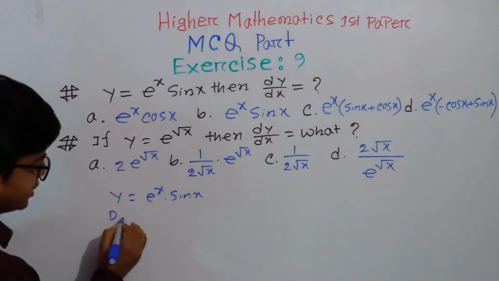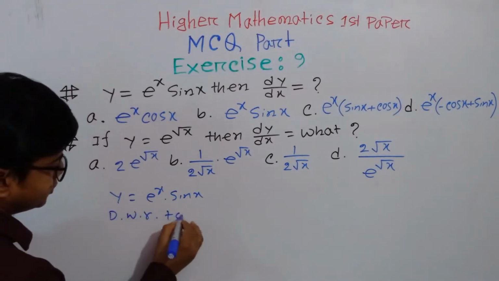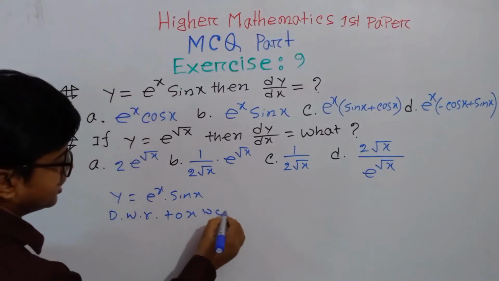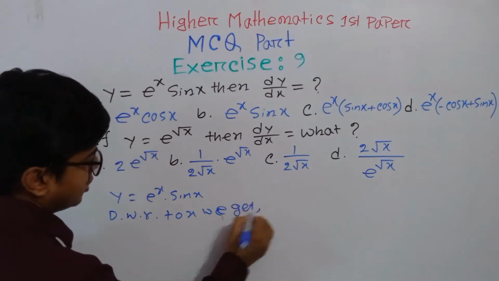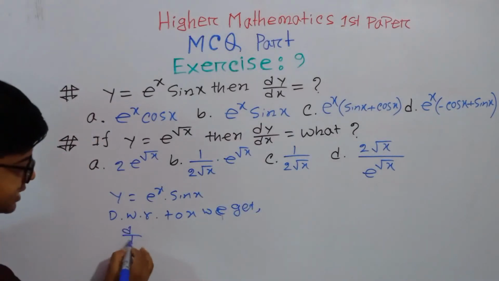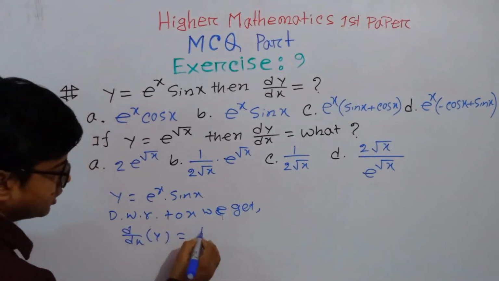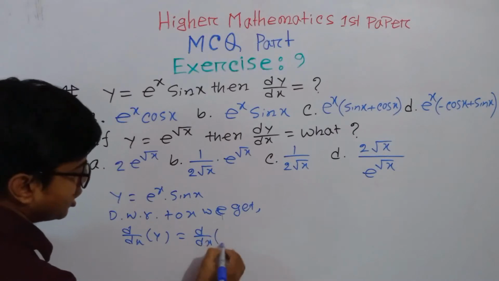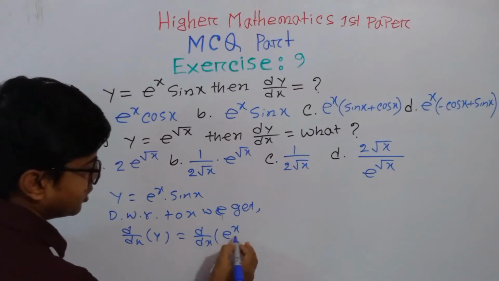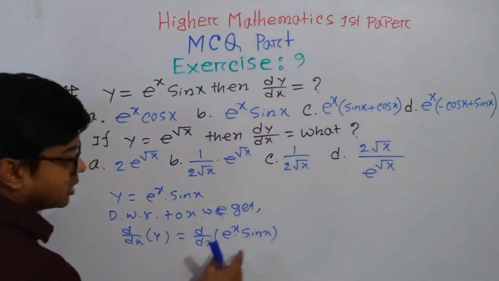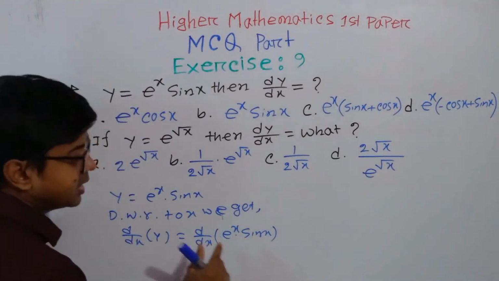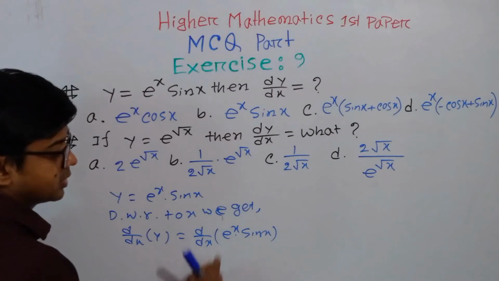Now differentiating with respect to x, we get d/dx of y equals d/dx of e to the power x into sin x. Now here we can apply that UV formula.